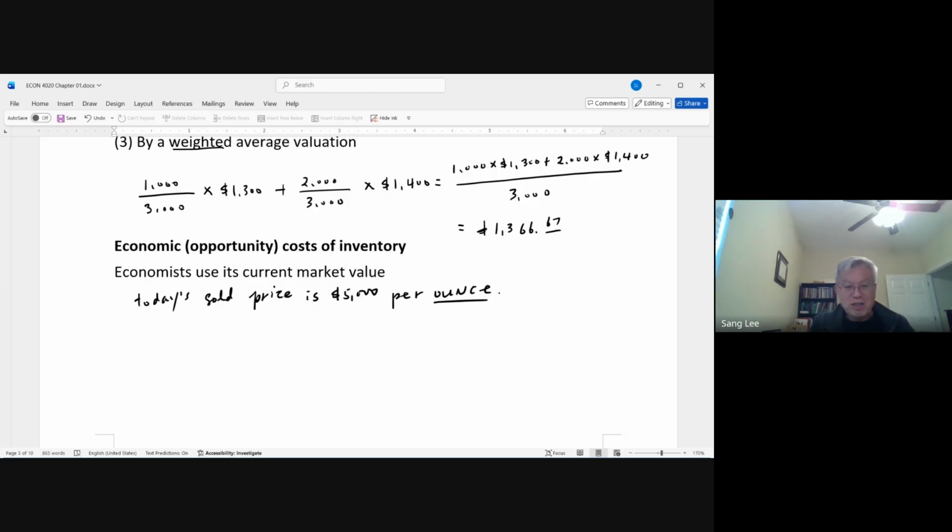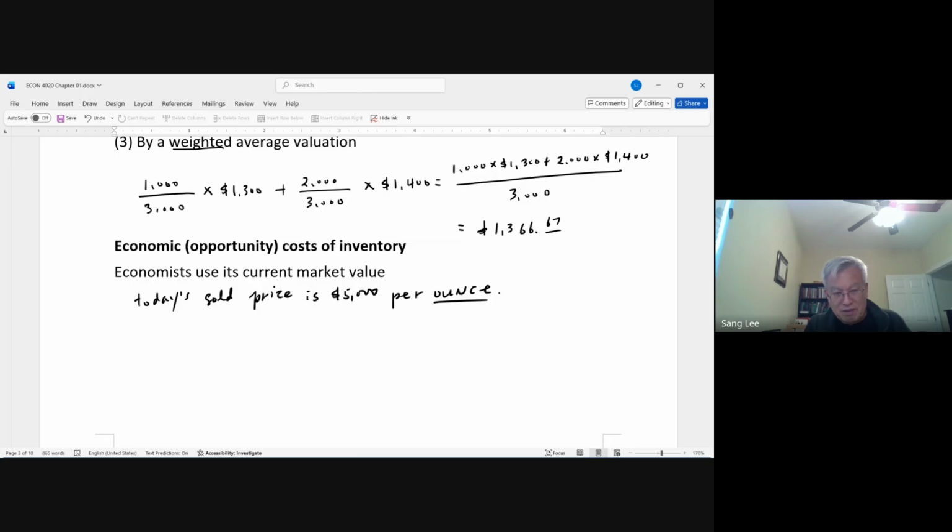One manager could say, well, I know today gold is selling for $5,000 per ounce, but I have a certain amount of gold inventory, and I paid $1,300 per ounce for some. For the rest, I paid only $1,400. So I'm going to set the price for gold rings and necklaces much lower because I paid a much lower price in the past. Is this the best decision a manager could make?